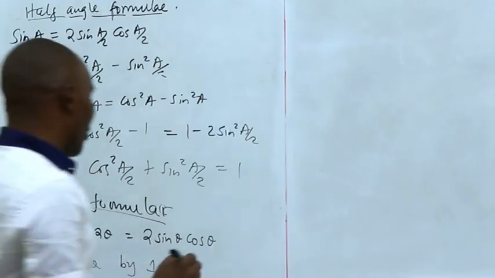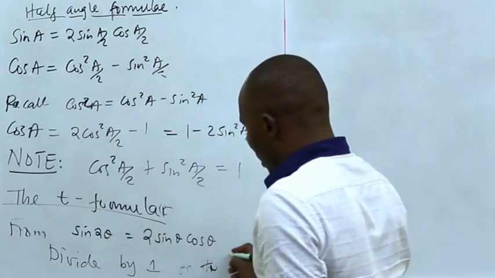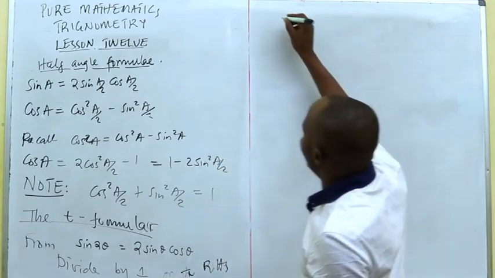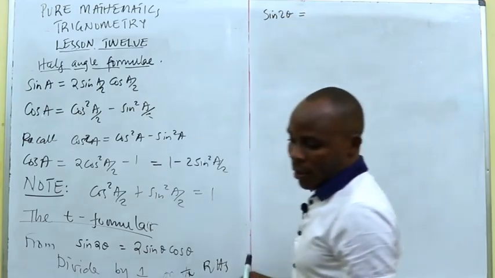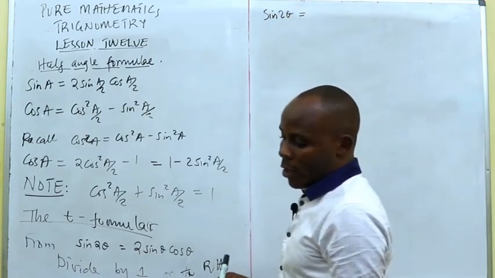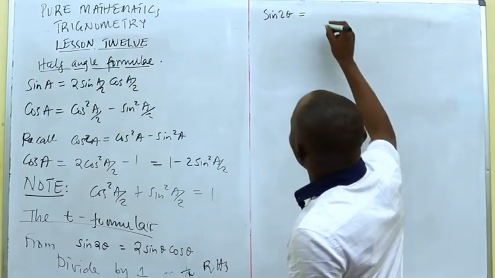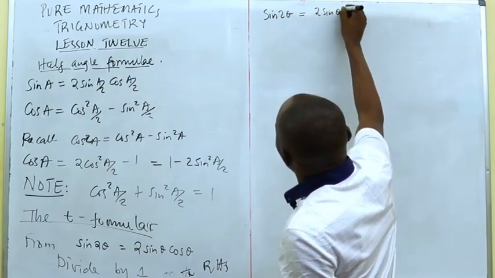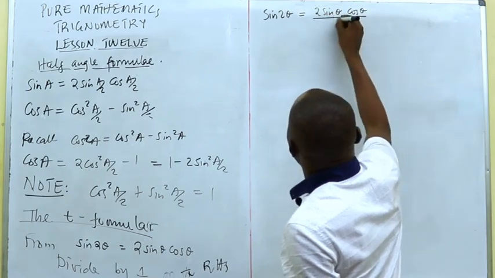Now if I divide by 1 on the right hand side, I will have sine 2 theta as 2 sine theta cos theta over 1.